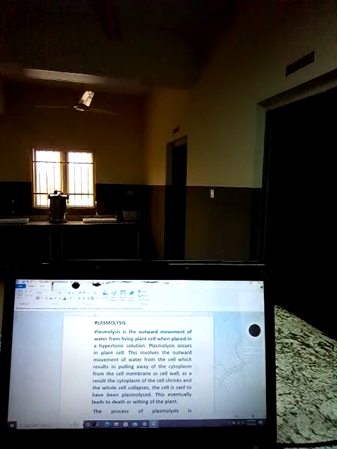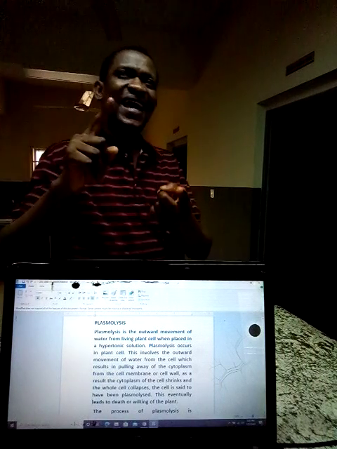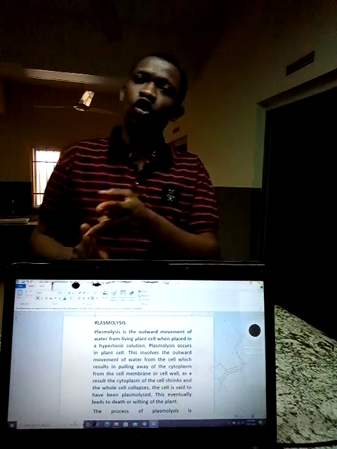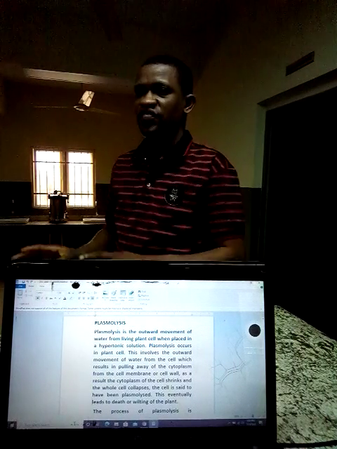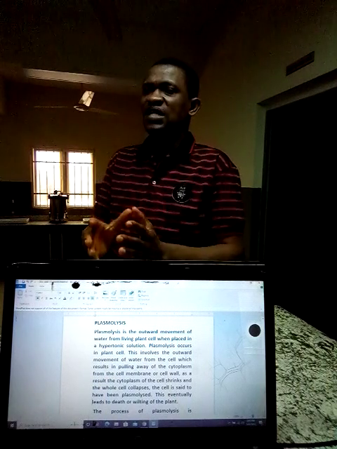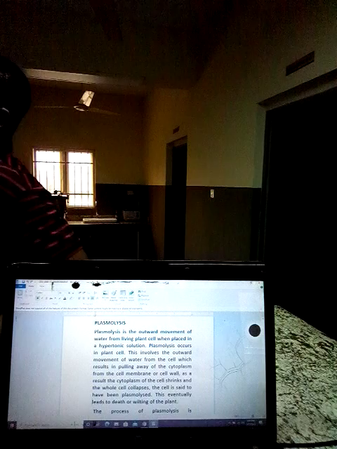This eventually leads to the death or wilting of the cell. So we have the death or wilting of the cell when there is plasmolysis. Please don't forget that either endosmosis or exosmosis, both of them can lead to the death of the cell. It is only in an isotonic state that the cell survives.